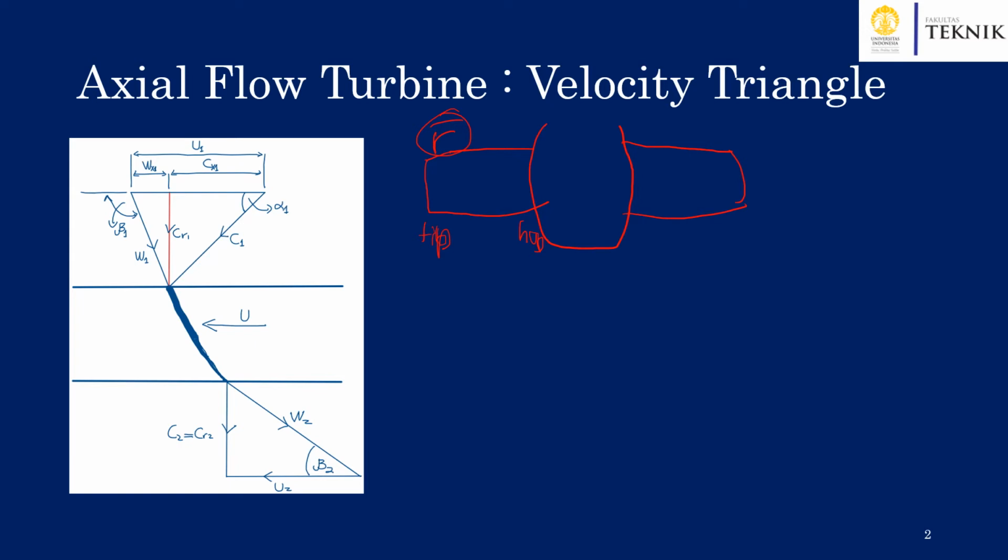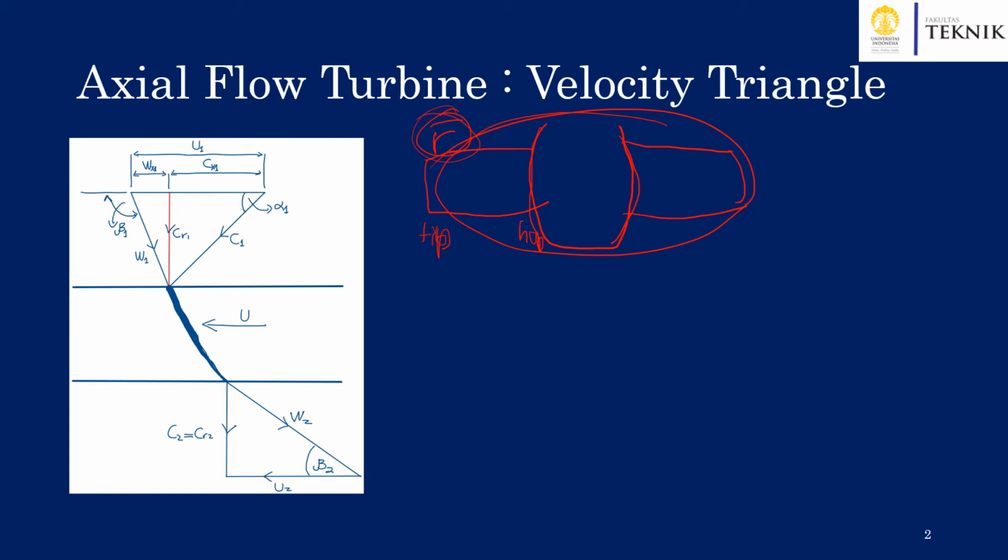So we call this the runner, and the blade is one single twisted profile that is attached to the center here. So all of this analysis for the velocity triangle is done at the mean radius value.